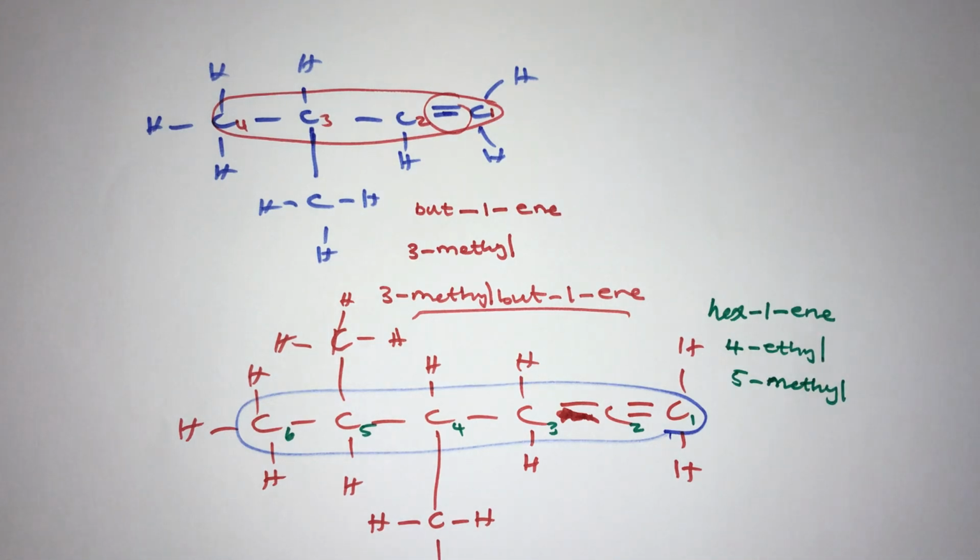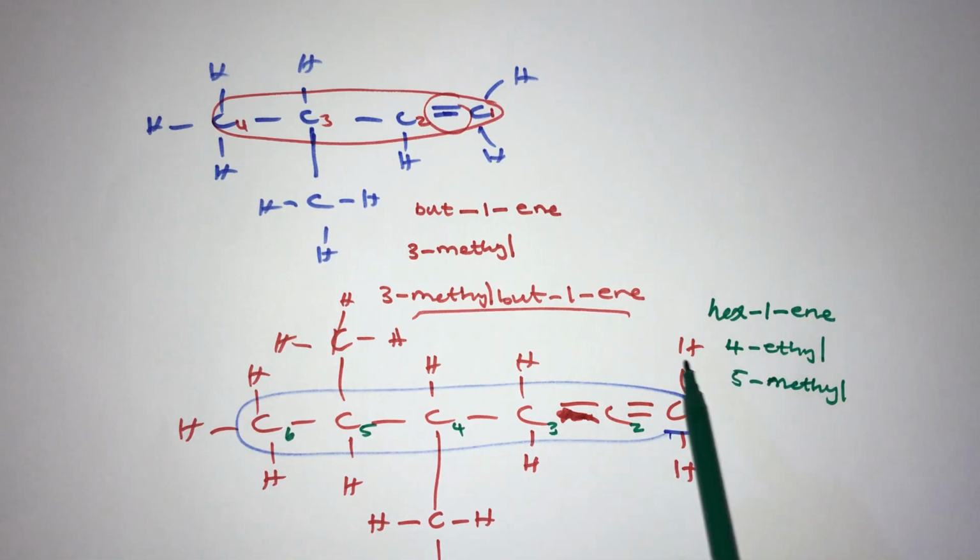So now let's combine the names. But first we must check. We have ethyl and methyl. They are both branches, and the branch must come first. So we must check alphabetically who comes first. So between E and M, E comes first.